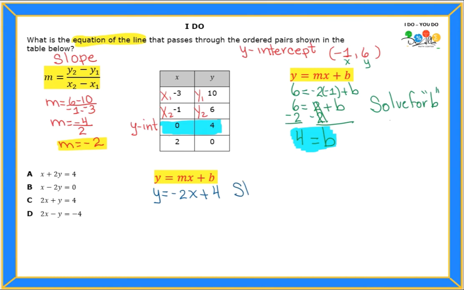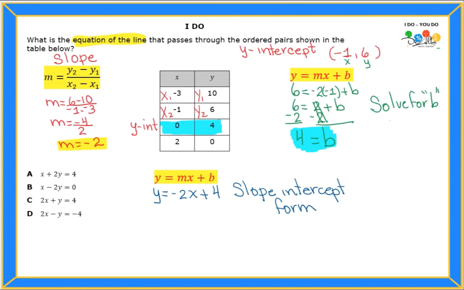So let me write it down over here. This is the slope-intercept form, and none of my answer choices look like that. In other words, y is not by itself. So there are a couple of things you can do.